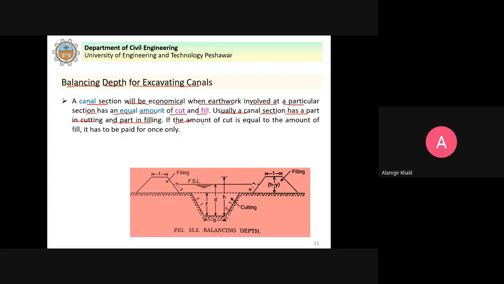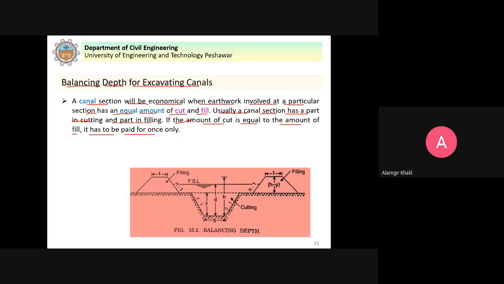So if the amount of cut is equal to the amount of fill, it has to be paid for only once. If we have a canal in filling, then we have to bring the material from outside to fill, so you can see the cost of borrowing the material and transportation cost.